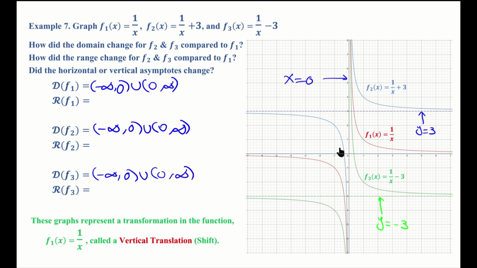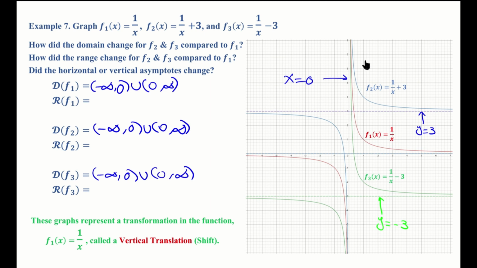The range, however, if you notice, changes. Notice that the red graph never crosses the x-axis. But the blue graph never crosses this line, remember, the line y equals 3. So that means it can obtain all y values except for that one y value.